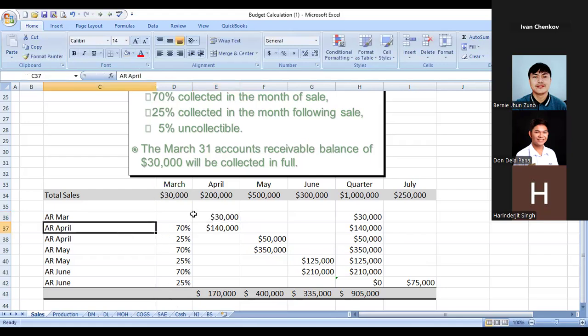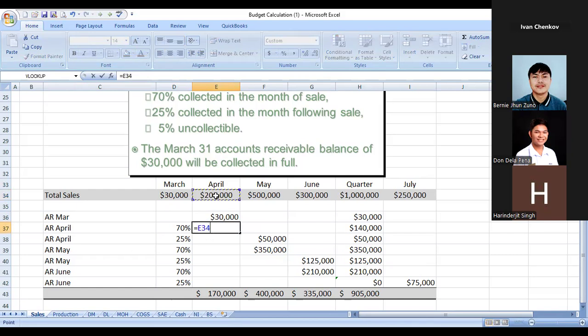Then, from the sales in April, we're going to collect only 70%. So this here will be 200,000 times the 70%. So the money that we're going to collect in April will be $170,000 only.